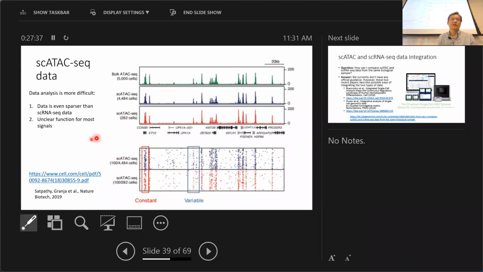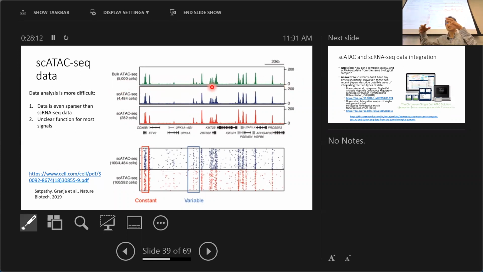So this illustrates the aggregation of single cell ATAC-seq. Here, you use 882 cells to reconstruct the peaks. And the peaks are very similar to what you get using bulk ATAC-seq or several thousand cells. That indicates that aggregating hundreds of cells or nuclei recovers basically the whole population of the peak dynamic.